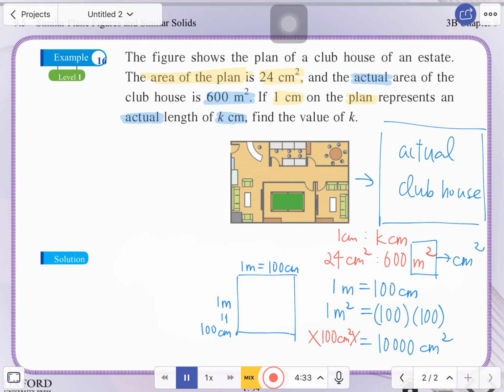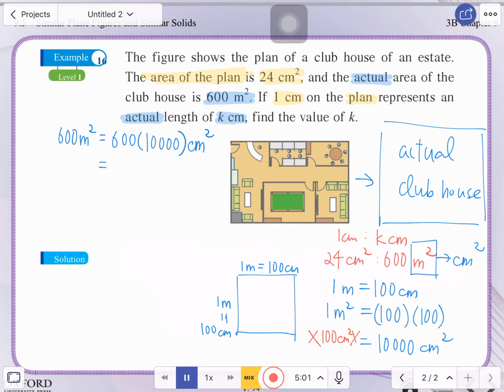So now you know that to change the 600 meter square to cm square, you just need to times 10,000, then you can change to cm square.